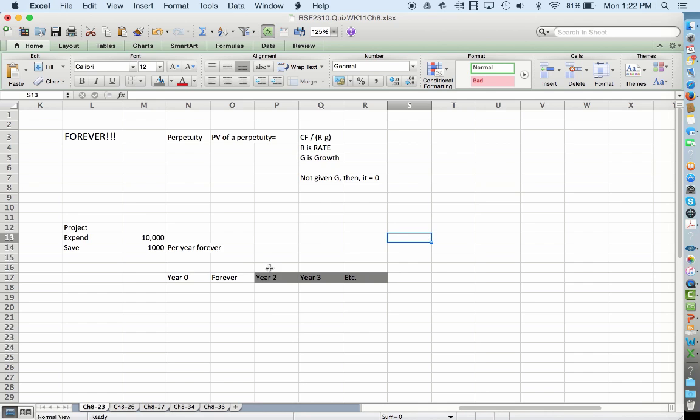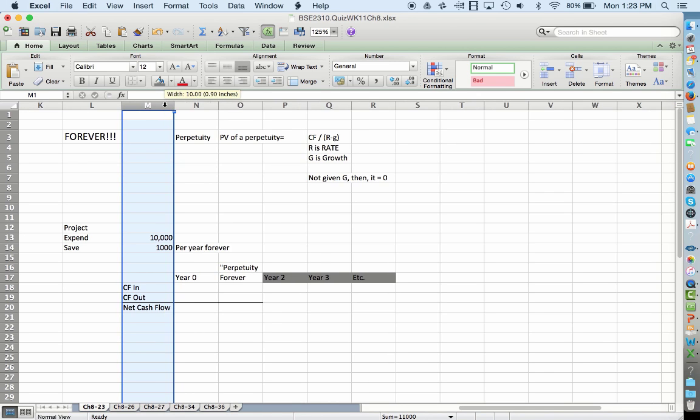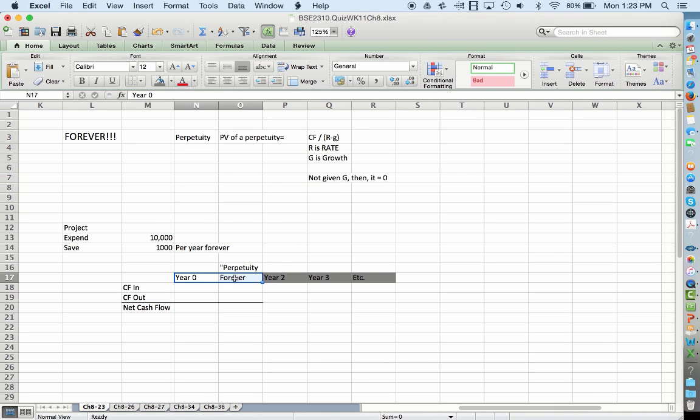Okay, so I have my cash flow in and I have my cash flow out, and then I'm going to have my net cash flow, like so, and I'm just going to have the two calculations, the two columns. So in year 0, what do I include? What number goes where? Correct. And is that a positive value or a negative value, Nolan? Negative.